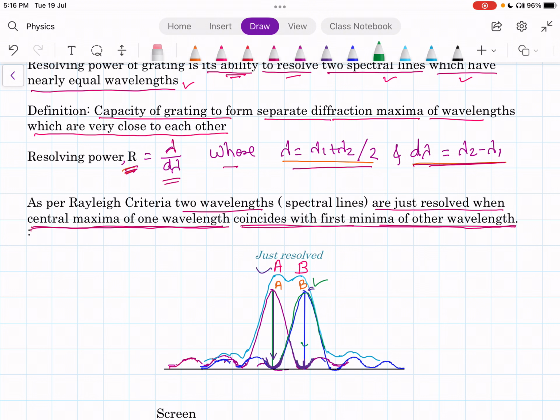So when the central maxima of one wavelength coincides with the first minima of the other wavelength, then you can say that those two spectral lines or those two wavelengths are just resolved.